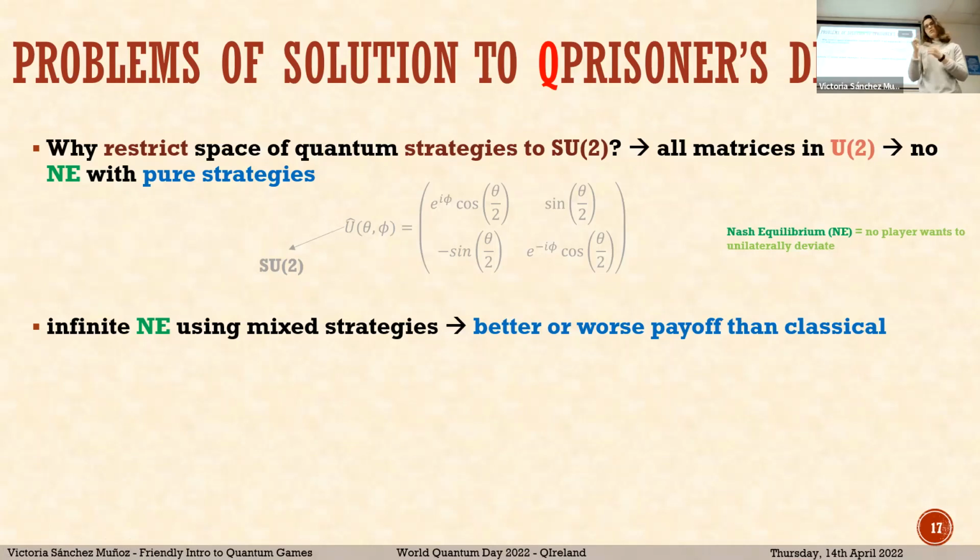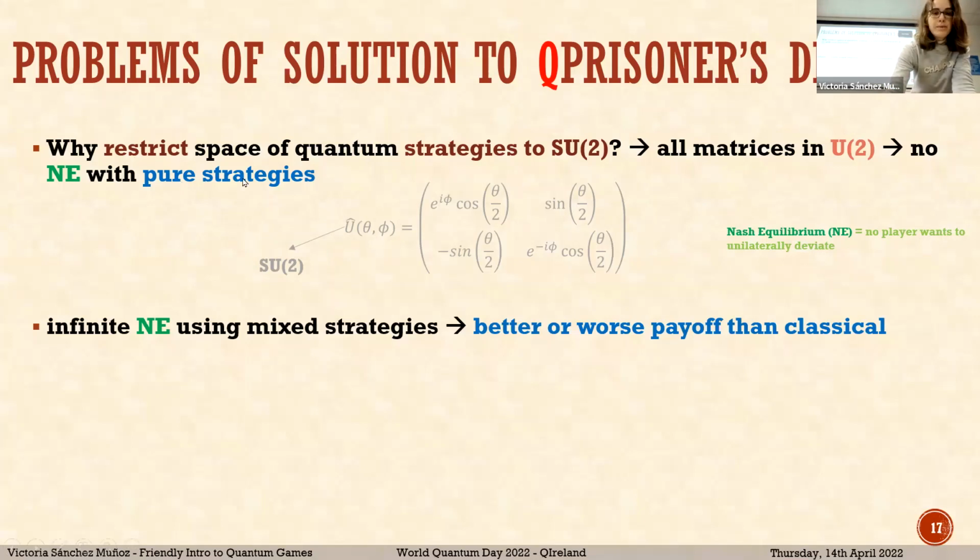Mixed strategies, on the other hand, is I will choose this strategy with certain probability, then the other with certain probability. Pure strategies means I will choose that with probability 1 if you want. So yeah, when you allow for a more general and more correct, if you want, strategy space, then this doesn't work.